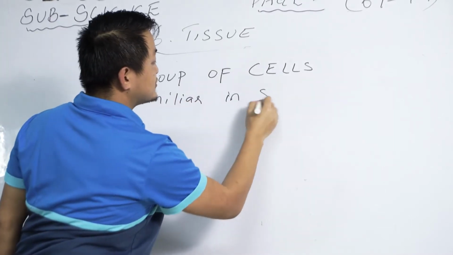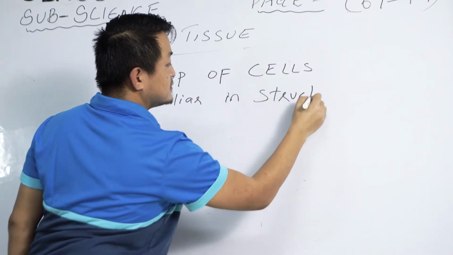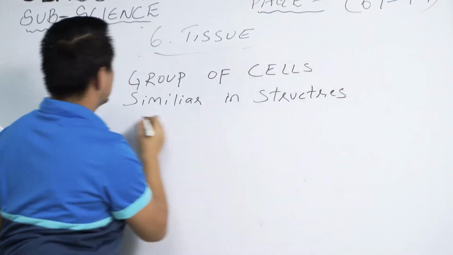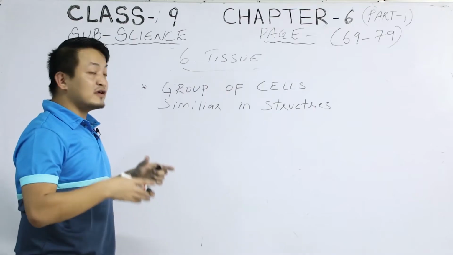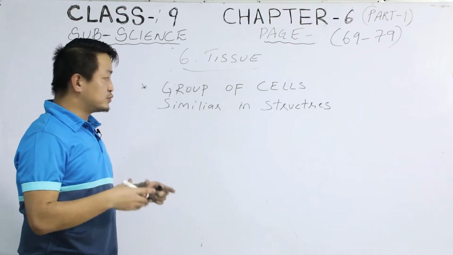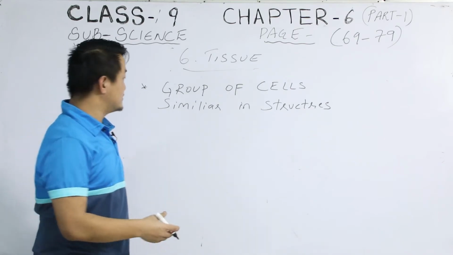Clear? Group of cells similar in structure, and they work together, okay, to perform a particular function.